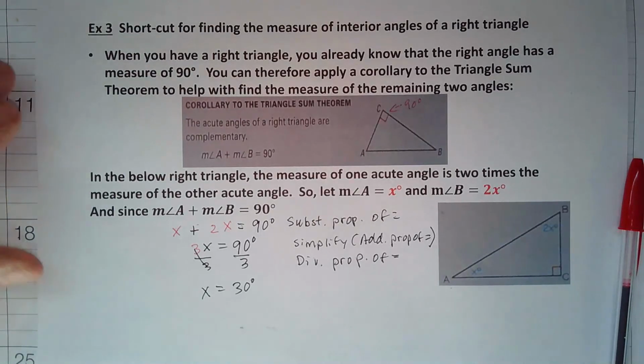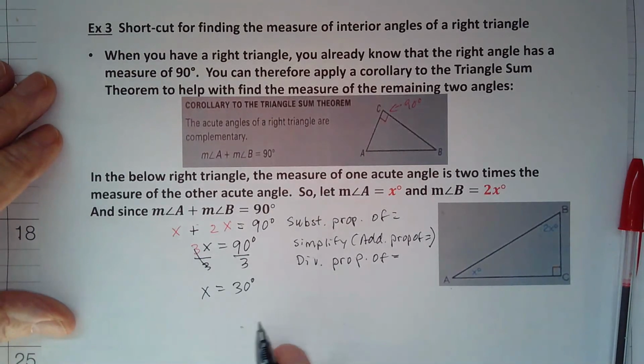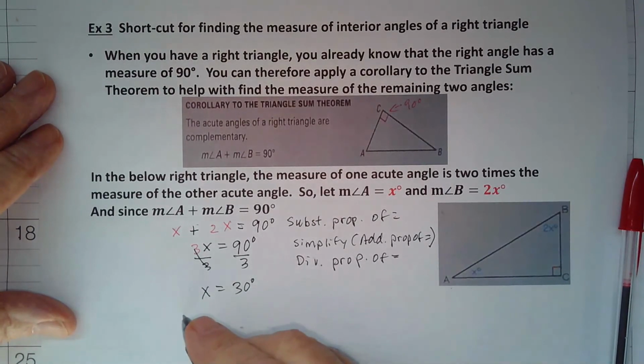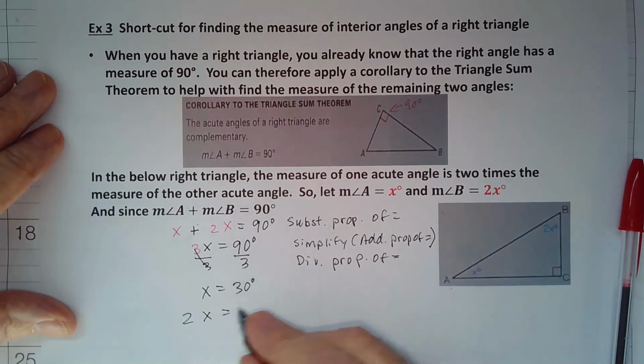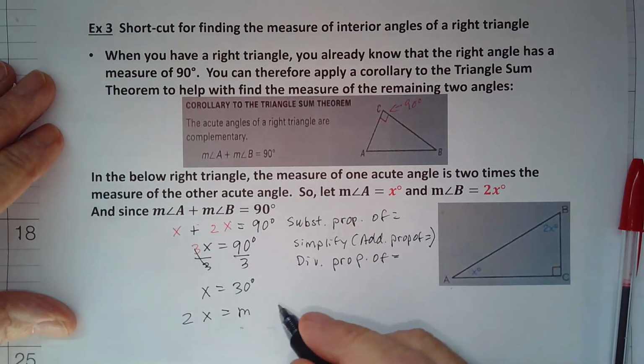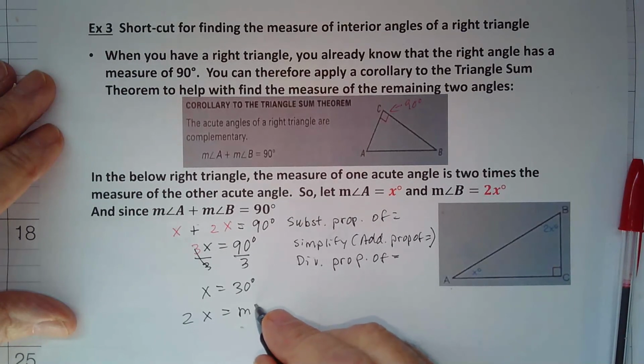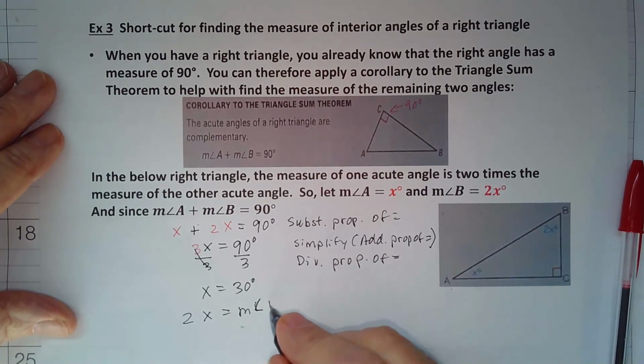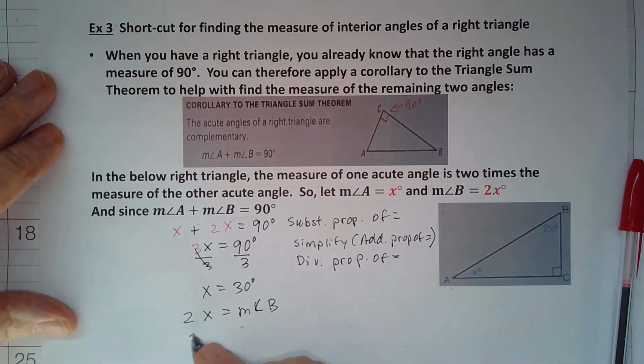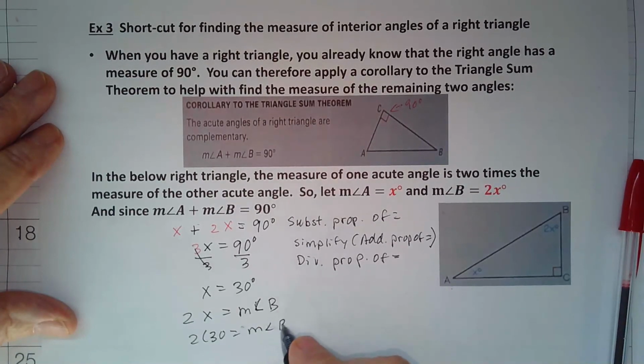And so now that I know that, then I know that 2x, substituting, 2x equals the measure of angle B, right? So that means 2 times 30 equals the measure of angle B. And so that means 60 is the measure of angle B.